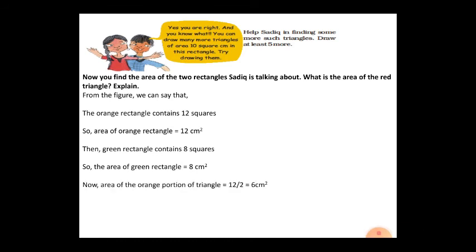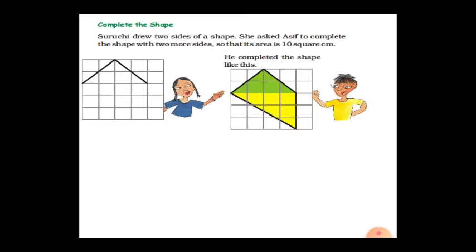You already know that area of green rectangle is 8 centimeter square. Area of orange portion of the triangle: 12, because it is half of the rectangle, so 12 by 2 is 6 centimeter square. Area of yellow portion of the triangle is 8 by 2, it is 4 centimeter square. Therefore area of red triangle is 6 plus 4, that is 10 centimeter square.